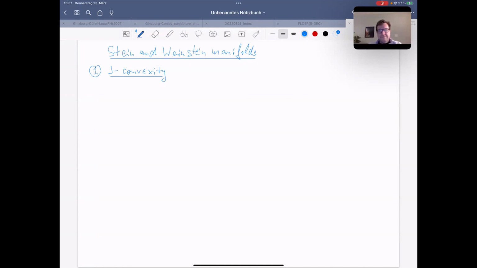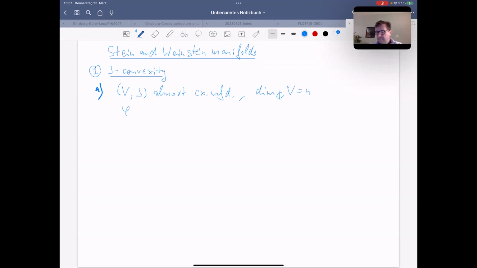So I want to start with notions of J convexity, where J will be, for me, a complex structure. I start a bit more generally first. We start with an almost complex manifold, where J is an almost complex structure, and let's always say that the complex dimension of this manifold is little n.